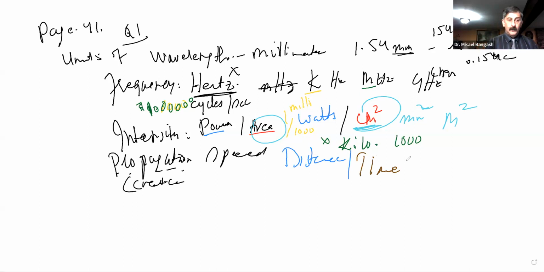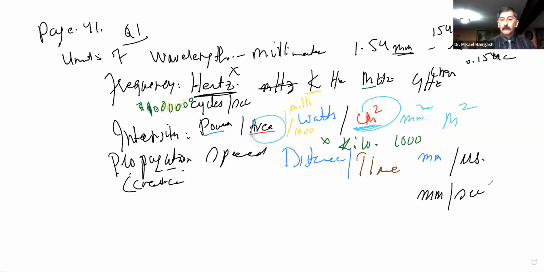Now for the speed of sound, for instance, yesterday we said we could express it in millimeters per microsecond. But just keep in mind, guys, it can also be expressed as millimeters per second.